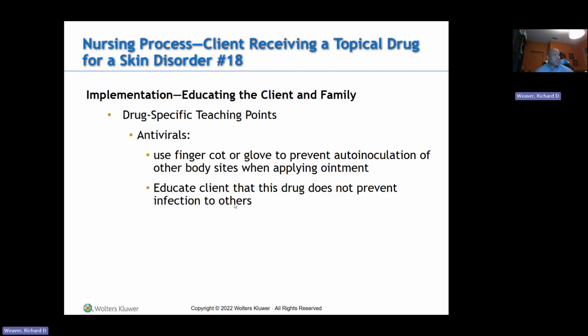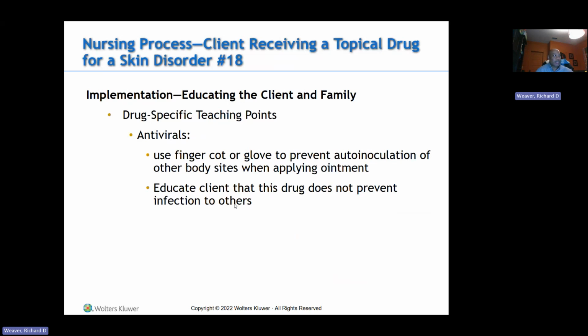The antivirals, we use the finger cot or glove to prevent auto inoculation. In other words, we have to use some protection. We want to protect ourselves so that we don't expose ourselves to these antivirals, especially to other sites when applying these ointments. Educate the client that this drug does not prevent infection to others.